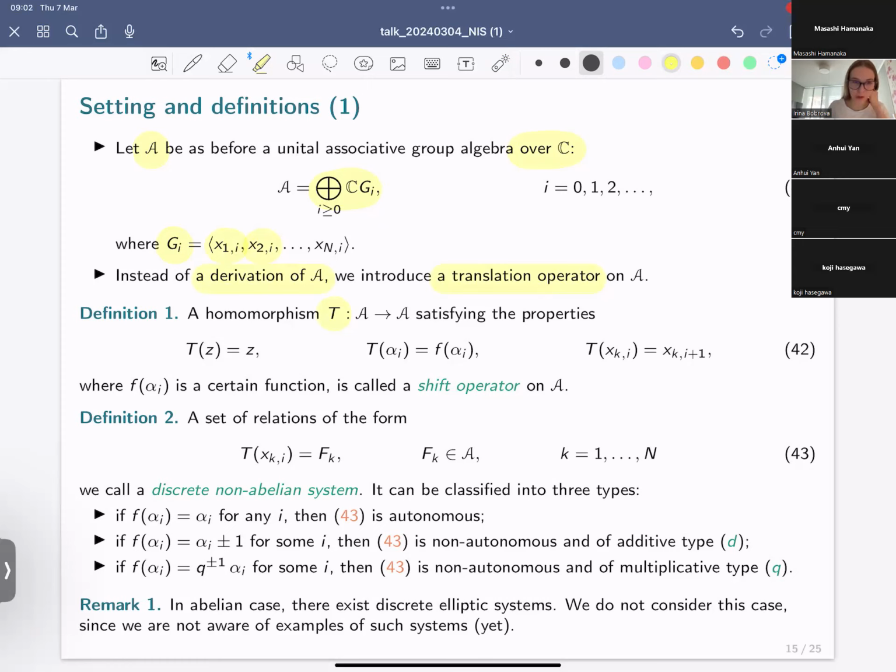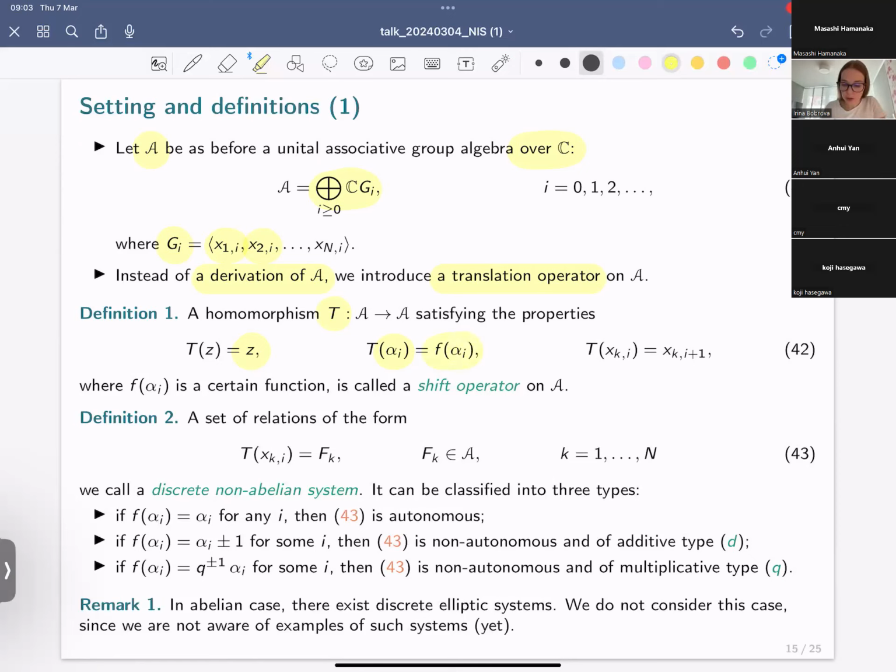Recall that we have an additional central element Z, and T of Z is just Z, so it acts trivially on Z. We have parameters alpha sub i, and the action of T on these parameters is defined by a certain function f that we will specify a little bit later.